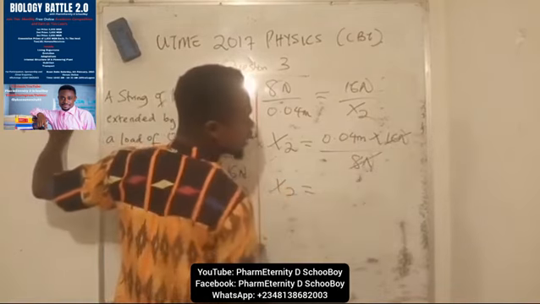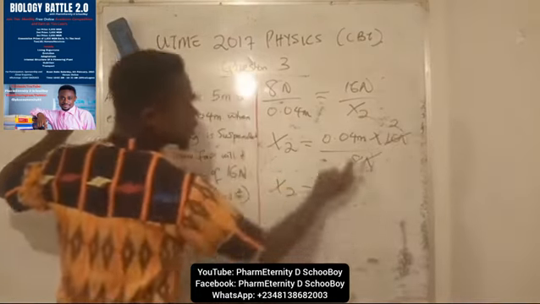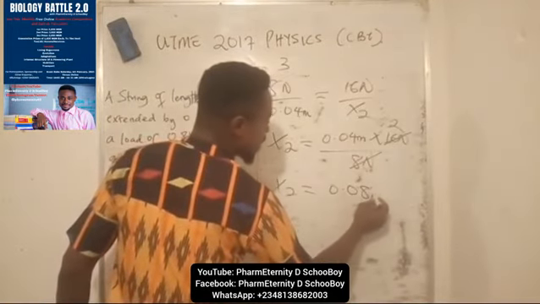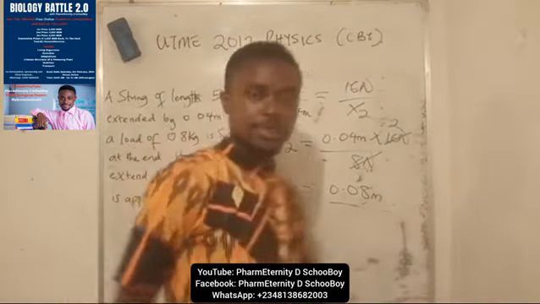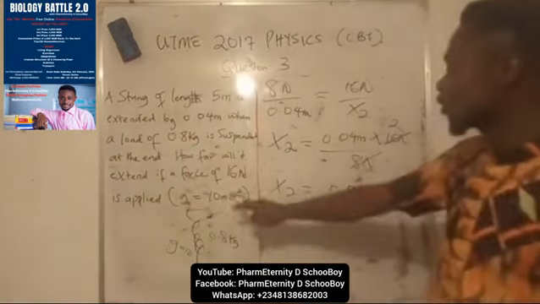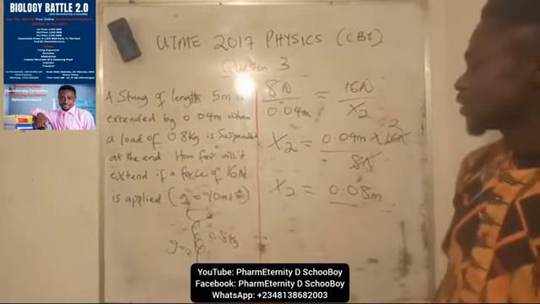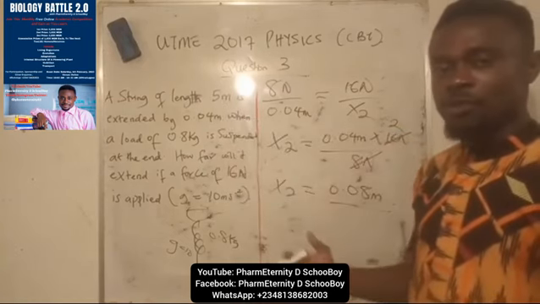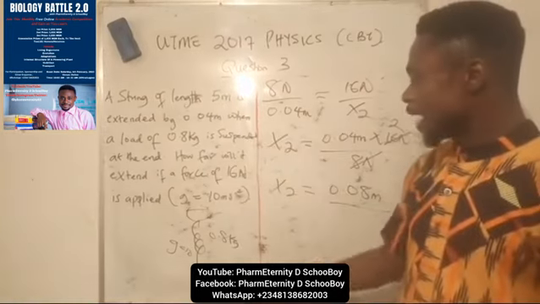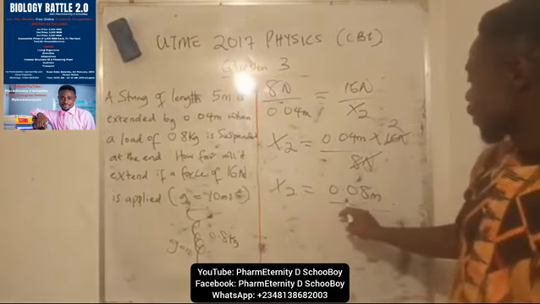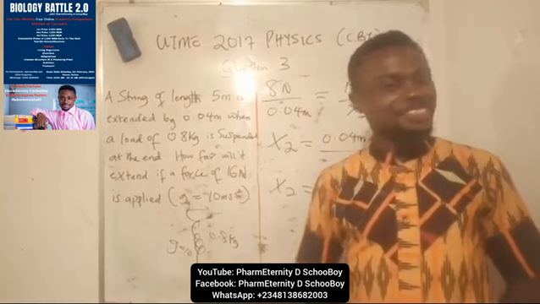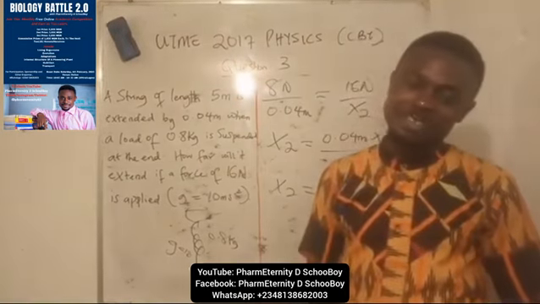We cancel 8 Newton into 16 Newton and have 2. 0.04 meters times 2 gives 0.08 meters. So if a force of 16 Newton is applied, the string will move down by 0.08 meters.